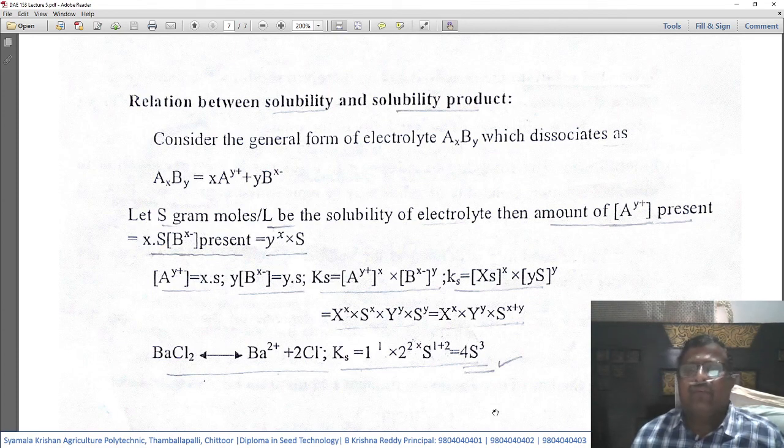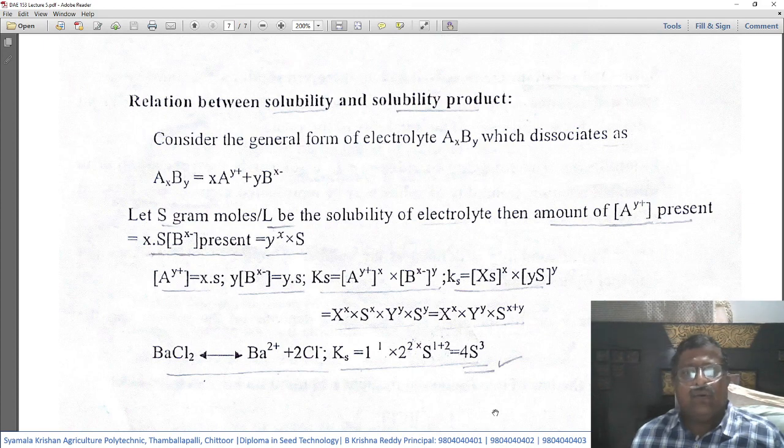Then the amount of A^(y+) present is equal to xS and the amount of B^(x-) present is equal to yS. So [A^(y+)] is equal to xS and [B^(x-)] is equal to yS.